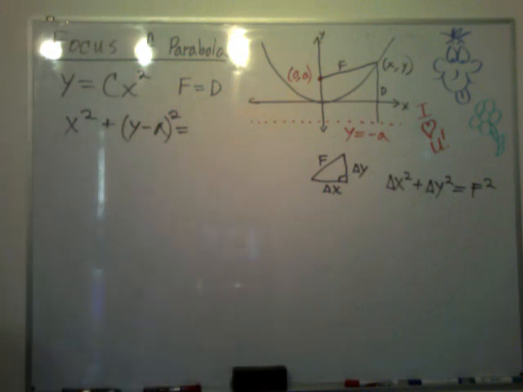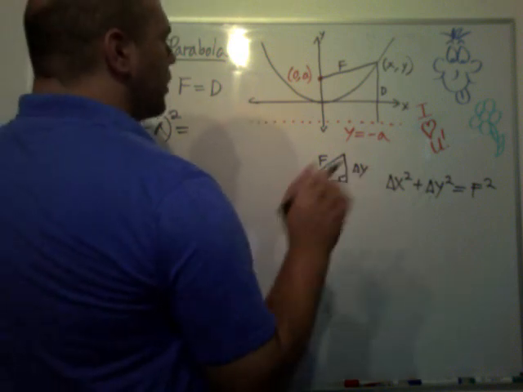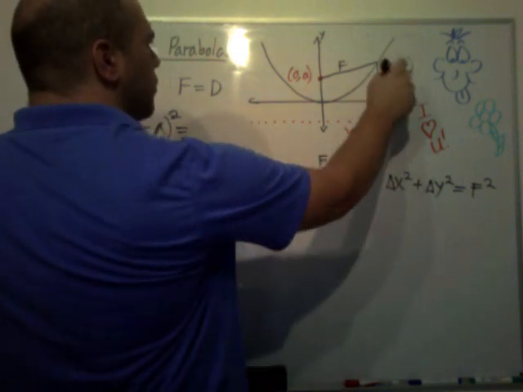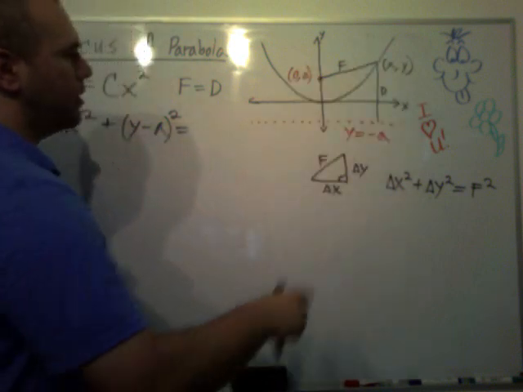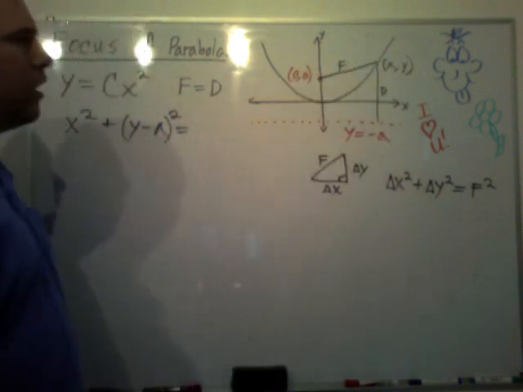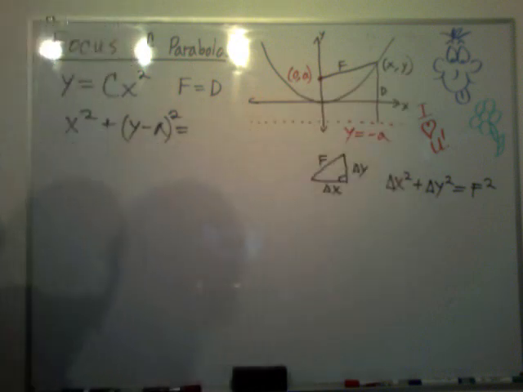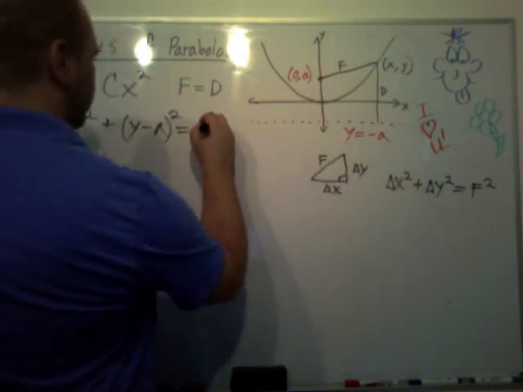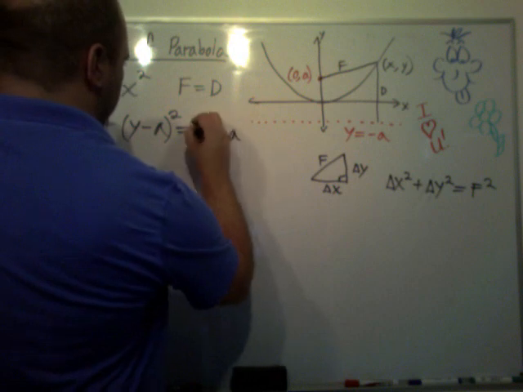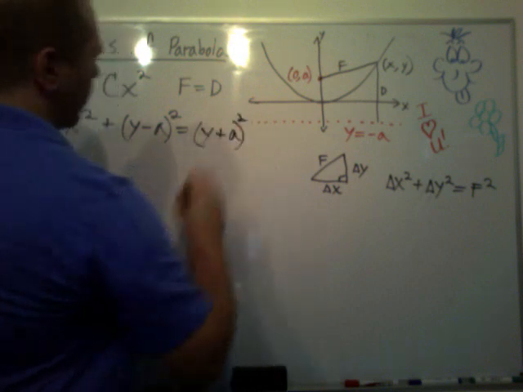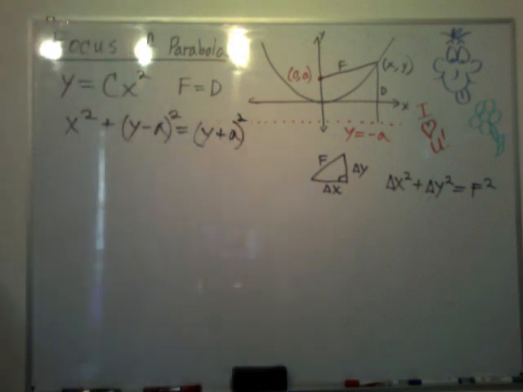It's a vertical line, so the change in x is equal to 0. We forget that. All we look at is the change in y. Up here, y equals y, and down here, y is equal to negative a. So y minus negative a is actually y plus a. That squared should be equal to d squared.